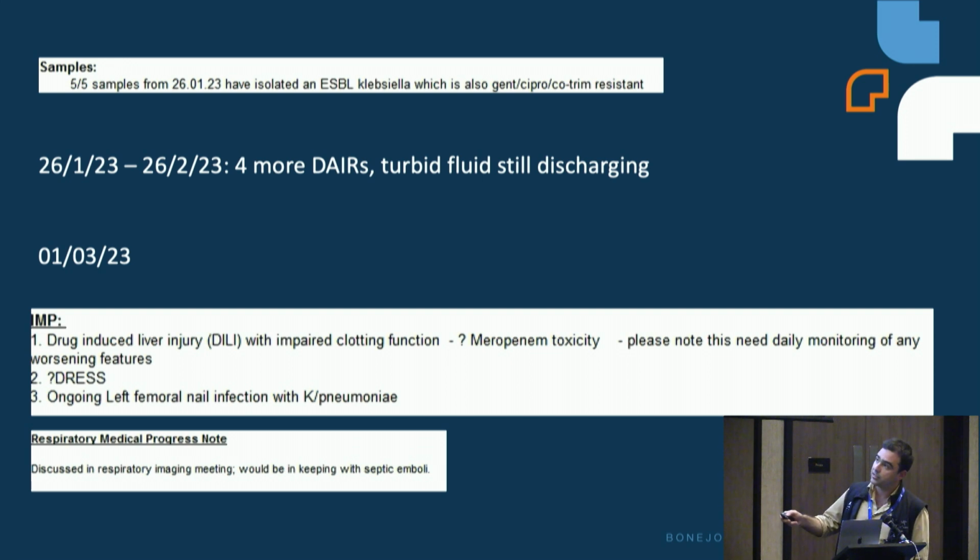DILI, DRESS, this is a condition where you have drug reaction with eosinophilia and systemic symptoms from your antibiotics. The respiratory guys thought he had septic emboli in his lungs, and the cardiologist thought he had septic emboli in his heart from a neglected PICC line.